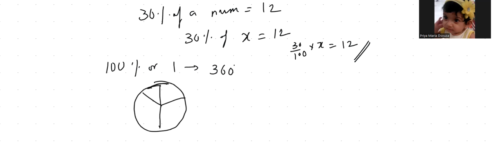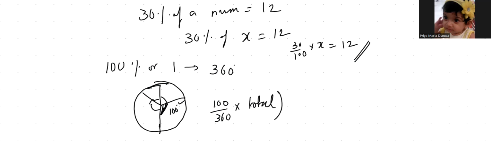Whatever is the angle, it will be 60 or 30 or whatever. Suppose you're given 100 degrees. If you want to find the value represented by this sector, it is 100 divided by 360 into the total value.